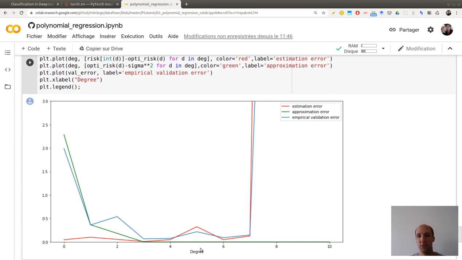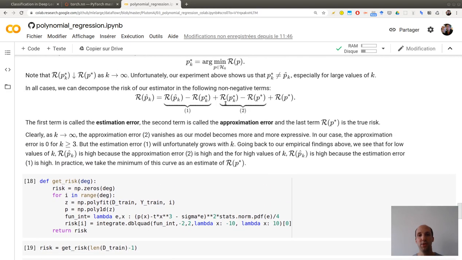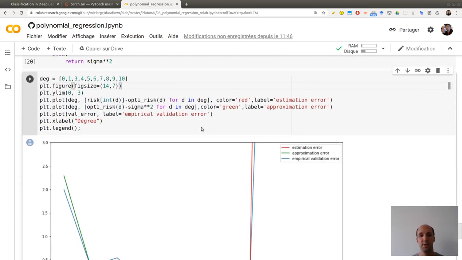So again, as a function of the degree, the estimation error is in red. So you see that it starts very low and it increases with k. So this is exactly what we just said. This p̂_k, when k is large, is fitting the noise. So it's very different from this p*_k.